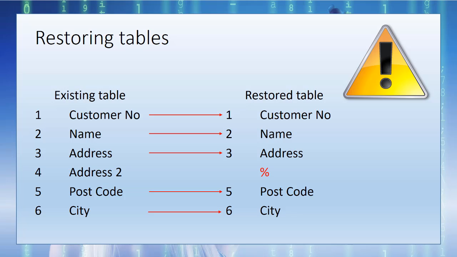If the existing table consists of a number of fields and the restored table consists of the same fields except one, then all the records, when they are compiled with force, will lose the information that are in this case, the address 2 field. Therefore, it is crucial that before restoring tables, you have read the documentation about what the consequences can be of restoring a table object.